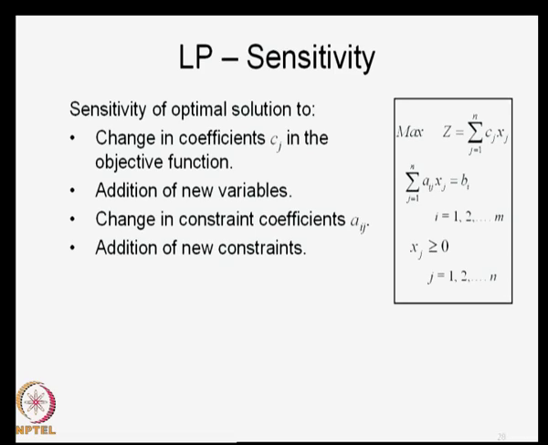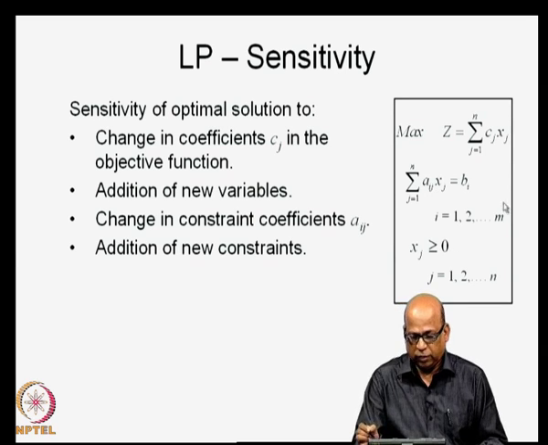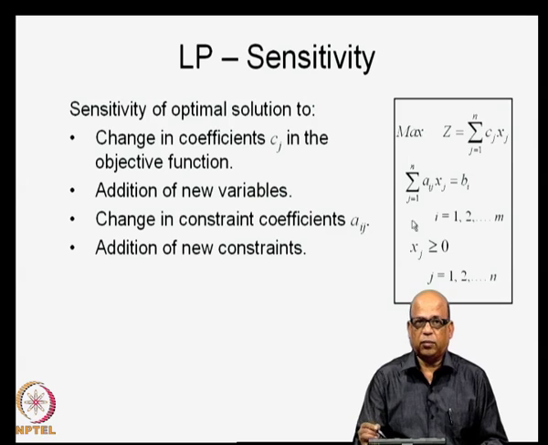I will quickly list, apart from this kind of sensitivity, other kinds of sensitivity we also do. For example, this is a problem, you have objective function coefficients, you have the right hand side values, you have several constraints, you have several variables, etc., and you have solved this particular example.